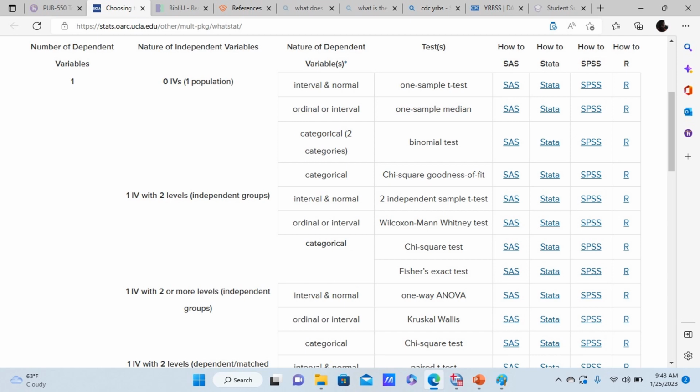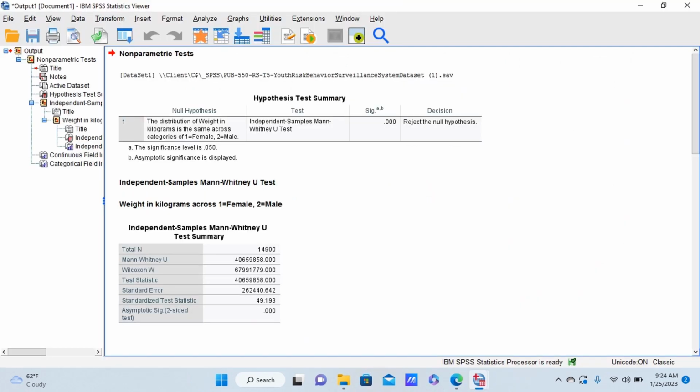Using the same data on this screen, I did select that, and it shows the significance up here, and just in plain English, reject the null hypothesis. Again, the null hypothesis being that there's no difference in the average weight between the males and females, and we show that there clearly was.